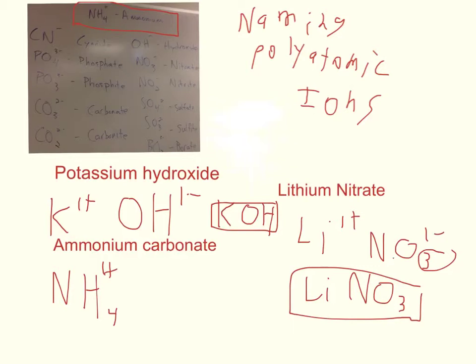And then carbonate, which is CO3 with 2 minus, and then a 3 right there. But what we're going to do is use parentheses. So the 2 is going to go over here to the NH4. Since the 4 still has to be there, we put the parentheses around NH4.